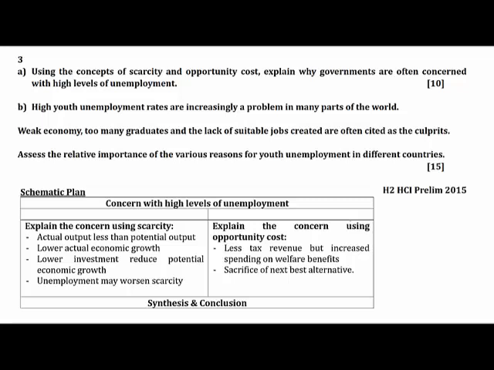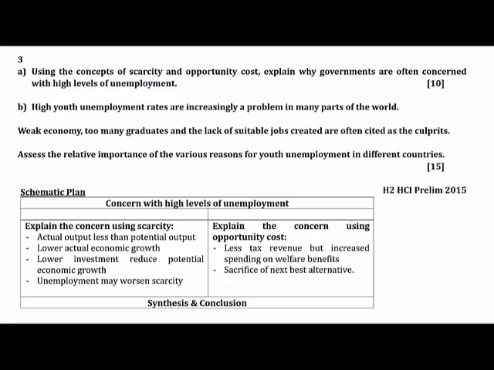However, when we talk about this issue of high levels of unemployment, let's analyze this using a PPC. Your PPC curve shows you the combinations of the maximum amount of output of two different goods and services that an economy can produce, with the given level of technology and given factors of production.